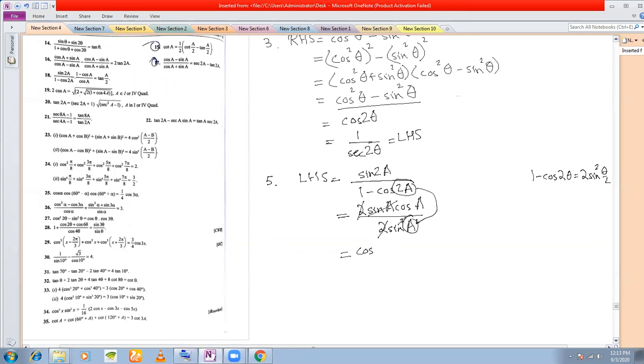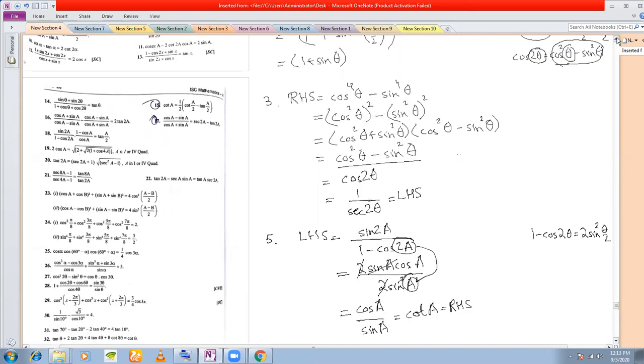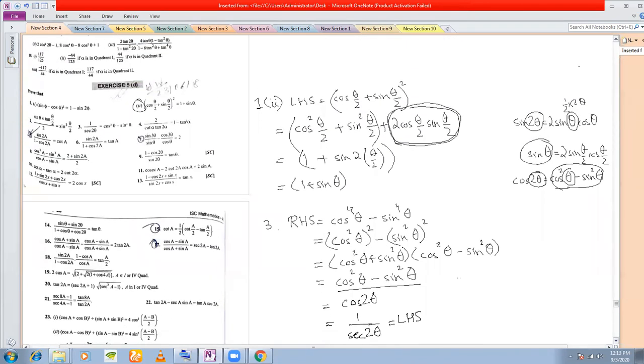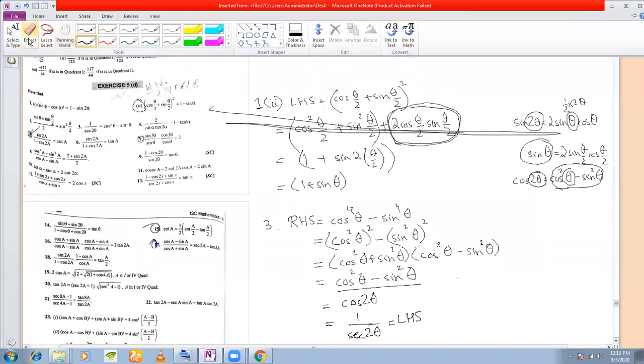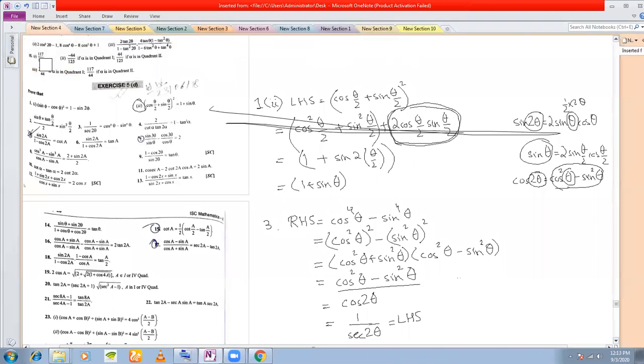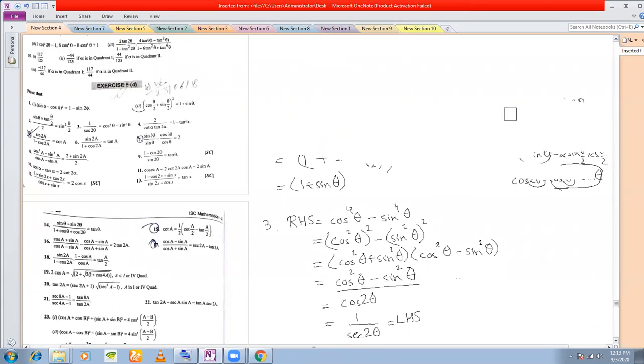You're simply left with cos a by sine a, which is cot a. Okay, cot a, which we have proved. Next, let's see the next one, another very important problem, number 9. All this you are going to use later on.